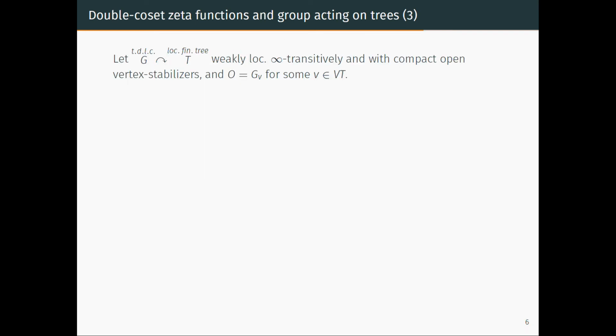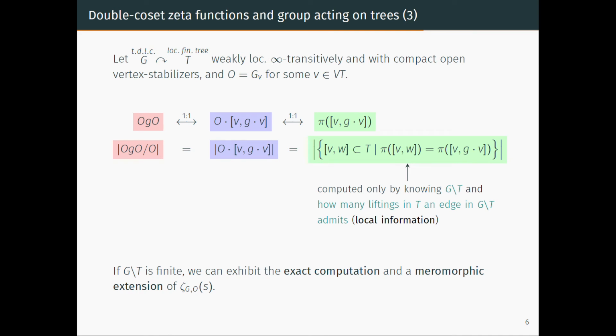Returning to the zeta function, if we assume furthermore this transitivity property, we can refine our one-to-one correspondence discussed above as follows. So every double coset OgO is in one-to-one correspondence with a certain loop in the quotient graph, and our target quantity is exactly the number of geodesics in T from v lifting that loop.